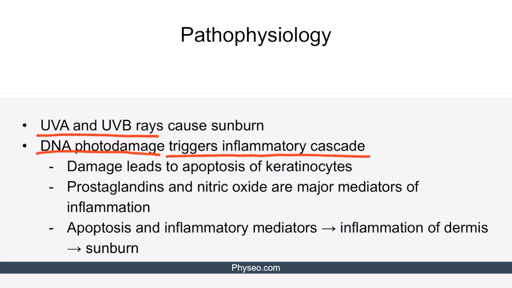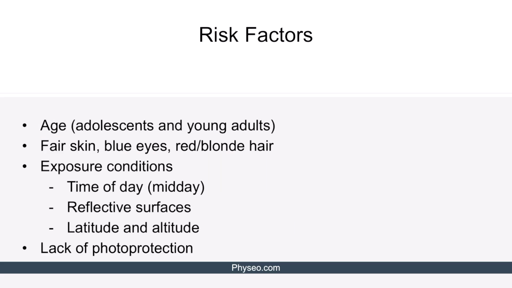And because of that apoptosis, there's release of mediators of inflammation, such as prostaglandins and nitric oxide. And that apoptosis and the inflammatory mediators together lead to inflammation of the dermis, and that gives rise to the sunburn.